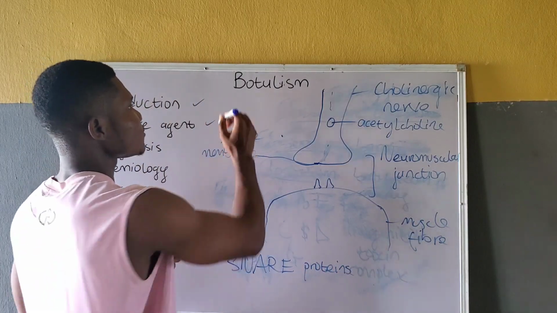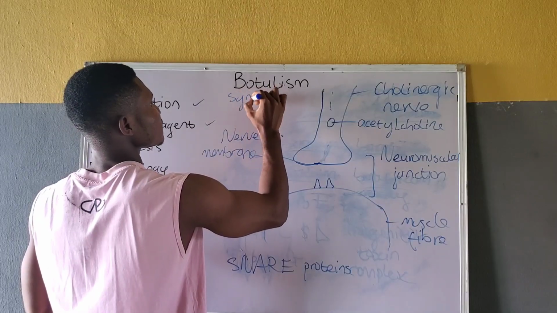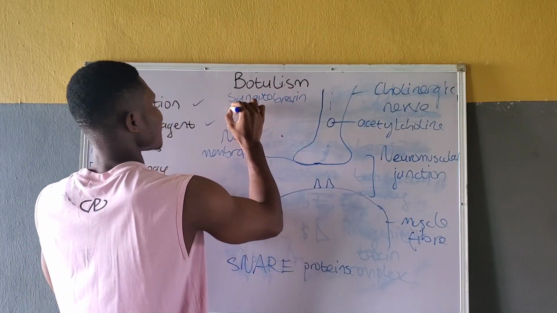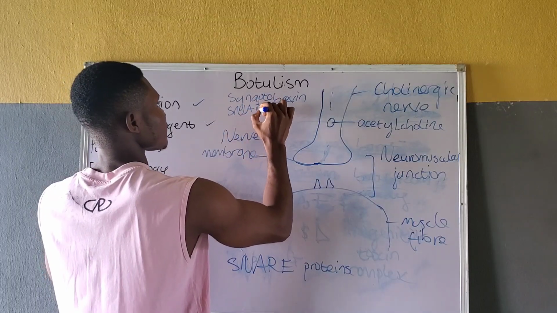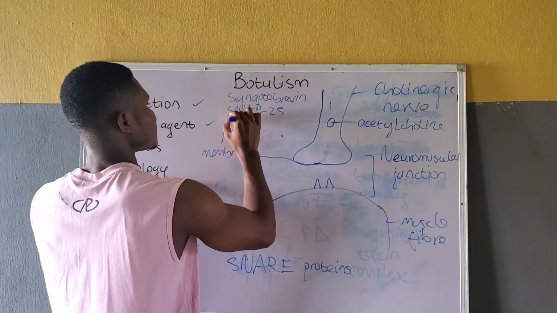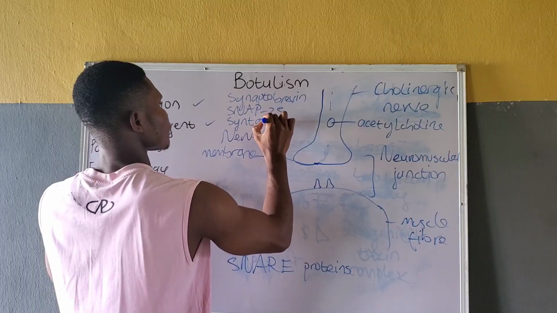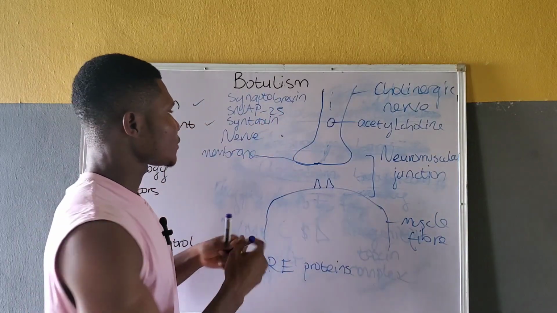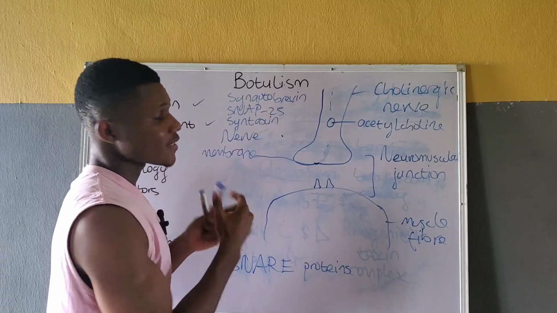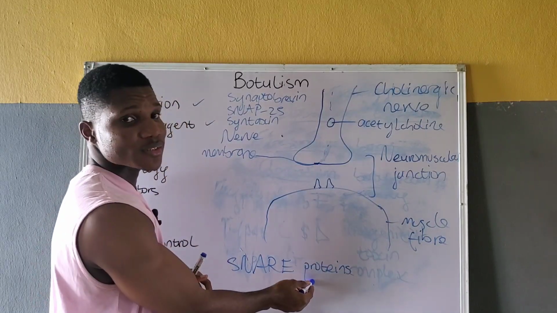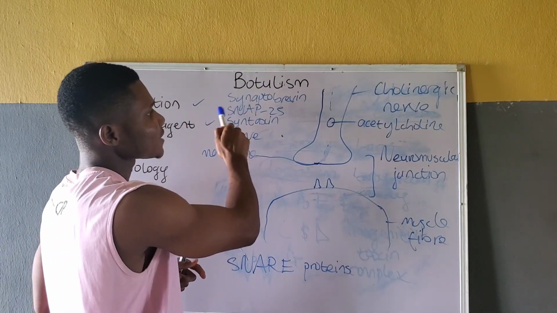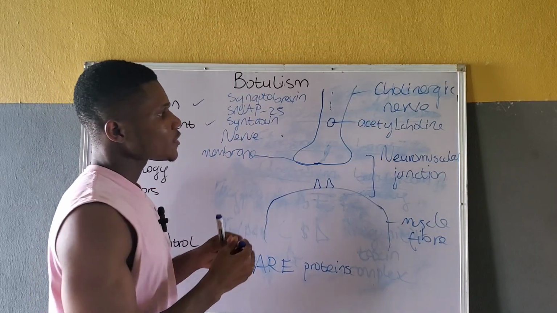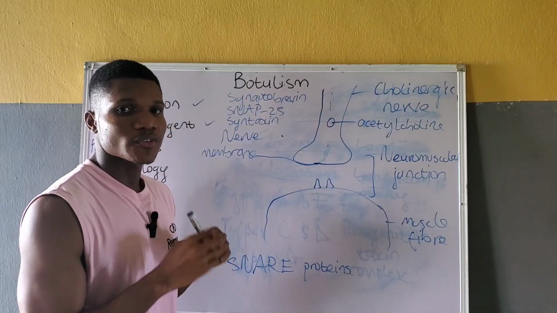Examples of these SNARE proteins include synaptobrevin, SNAP25, as well as syntaxin. Binding of acetylcholine to the nerve fiber is facilitated by SNARE proteins. This is what happens in normal muscle contraction.